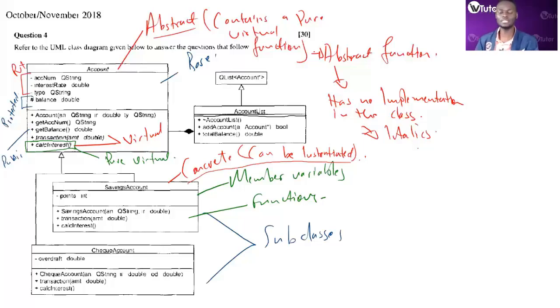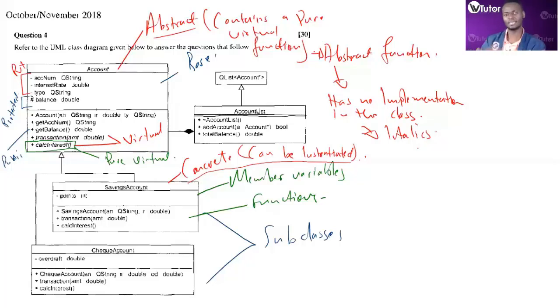It's protected within that family, but not outside, which means balance can be accessed by savings account and can also be accessed by check account, but cannot be accessed outside of these three classes. So to anyone outside of these three classes, it's private. So basically, looking at this diagram, that is what we can detect.